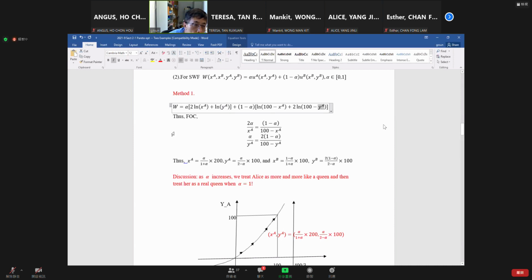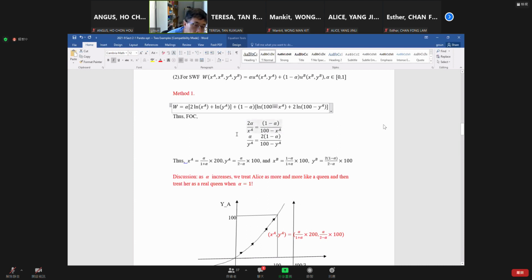Okay, so let's look at the first order condition about XA. We get this one, which is easy to calculate. This one, double alpha over XA. Another XA is here, that's 1 minus. We should get this number minus this one, because this is minus this one, and equal 0.